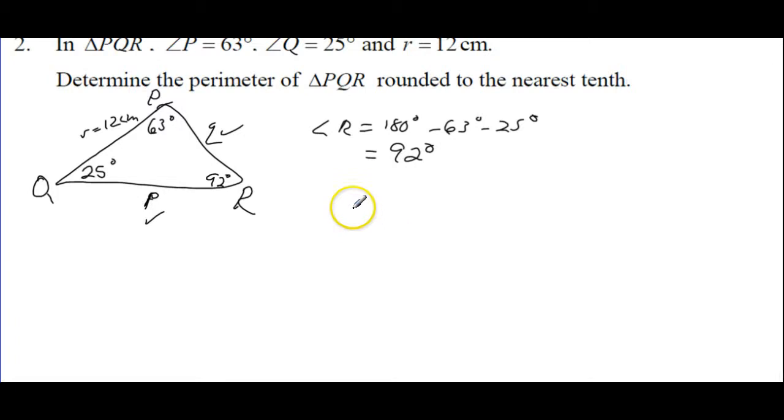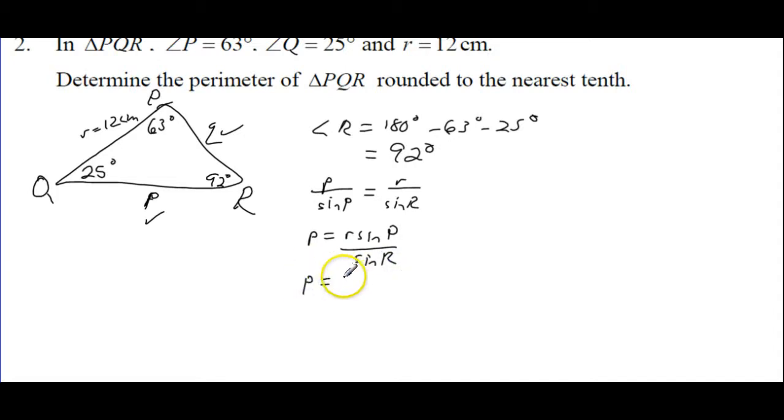So, using the sine law with p, q, and r, and finding a side, it's p over sine p is equal to r over sine r, okay? And use the known pair. Little p is r sine p over sine r. I just like doing that.